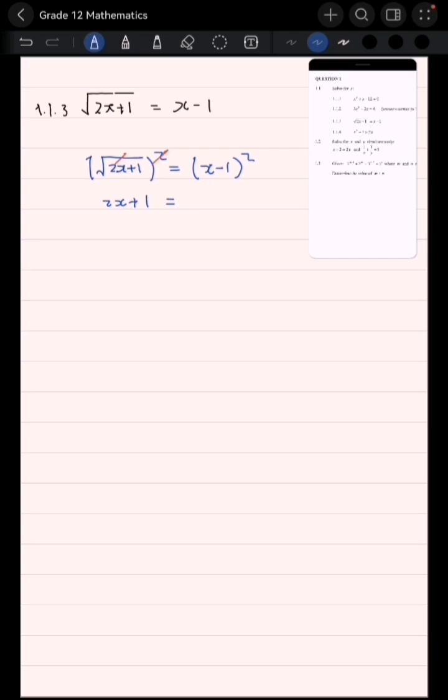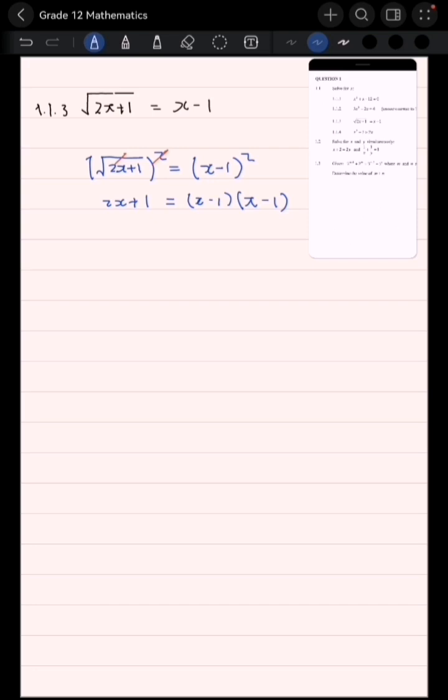This can be written as a product of brackets as x minus 1 multiplied by x minus 1, because it is raised to the power 2. If it's raised to the power 3, then it's x minus 1 times x minus 1 times x minus 1. If it's raised to the power 4, and so on. So this is power 2. Therefore, we have only two brackets, x minus 1 times x minus 1.